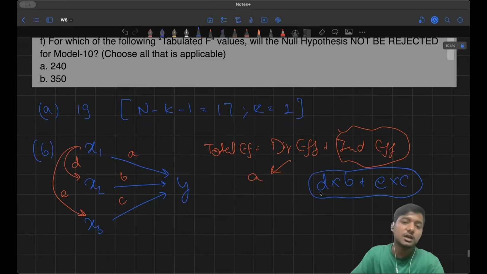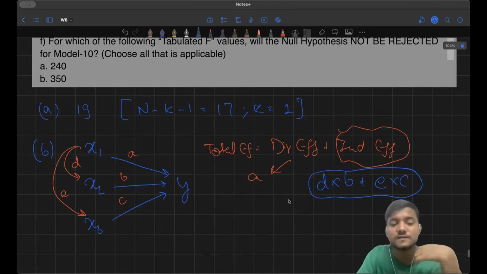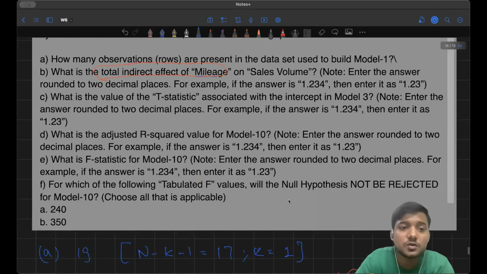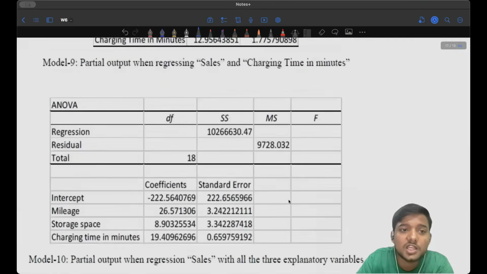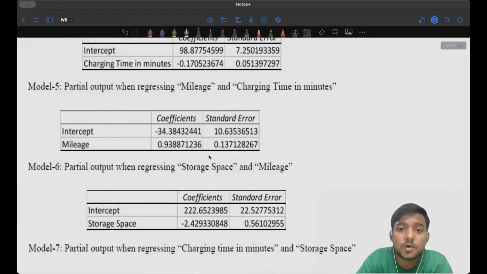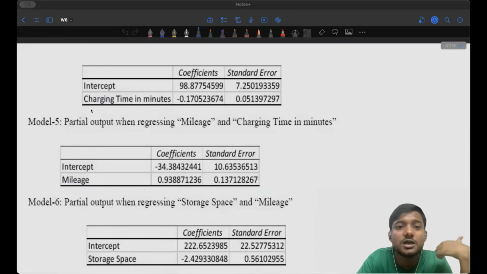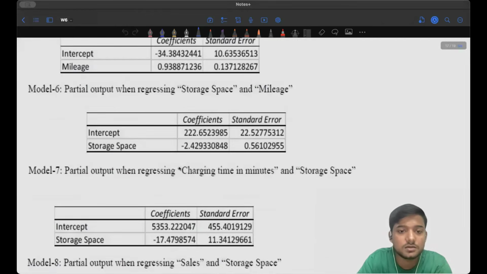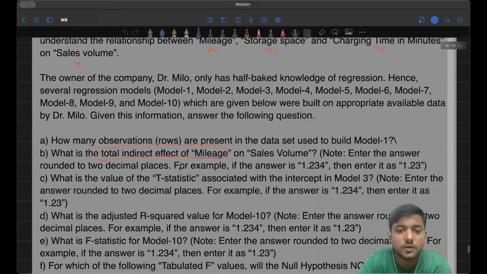But how do we get the values of d, b, and e, c? For this, you need to go to the models and find which model is going to give you that. That is going to be a little big exercise for you all. So let's just see how we can do this.